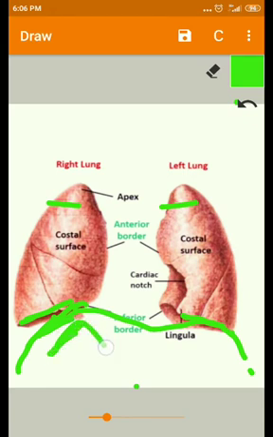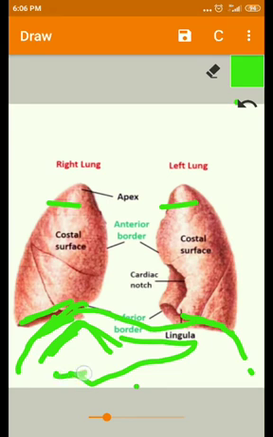Below this diaphragm we will have the liver in the abdomen, and the left lung is separated from the left lobe of the liver. Also on the left side we'll have the fundus of the stomach. Besides the stomach you'll have another organ called the spleen.